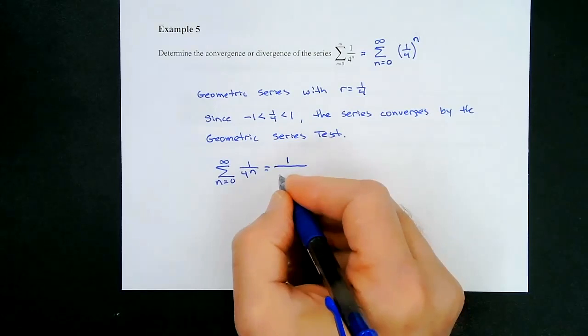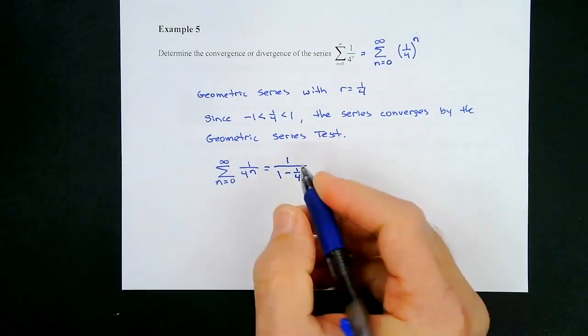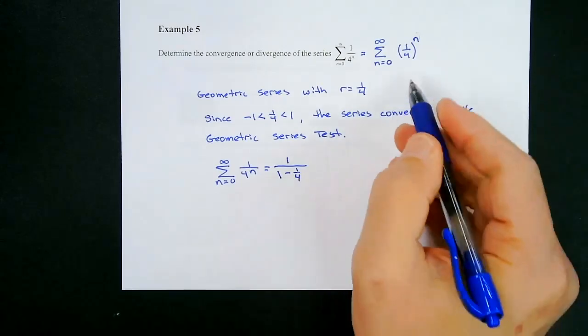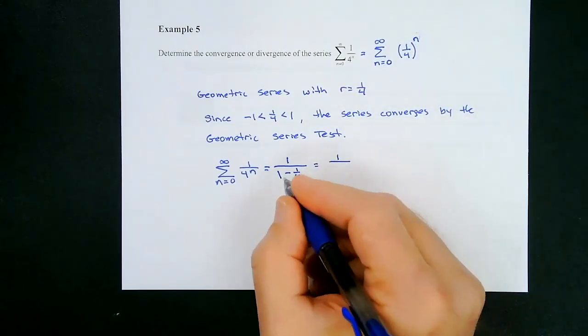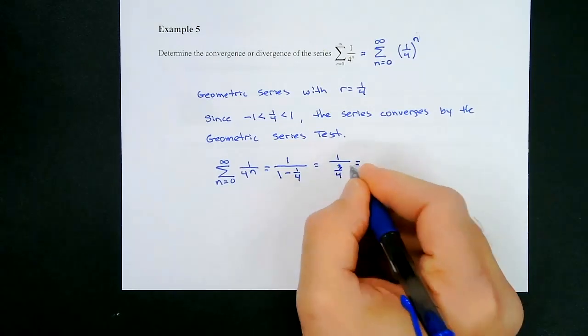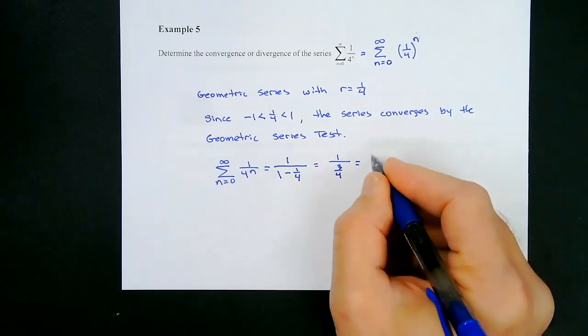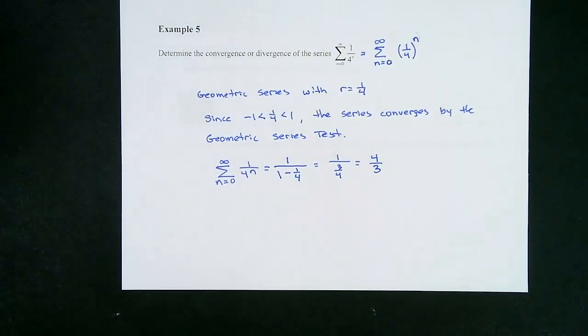That'd be 1 over 1 minus 1/4, because it's 1 minus your r value, and our r value is 1/4. So this becomes 1 over 4/4 minus 1/4, or 3/4. This converges to 4/3. And if we were able to add them all up, it would come out to be the number 4/3. All right, so that's how you do these problems.